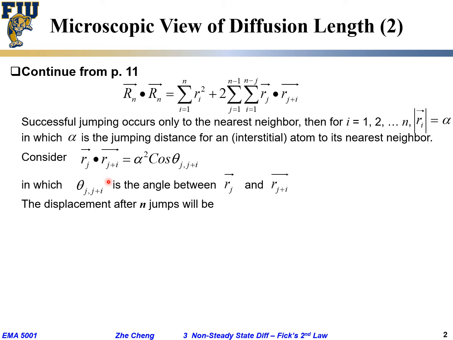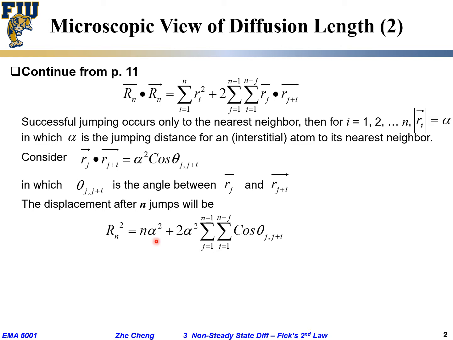So as a result, the displacement after n jumps would be: its dot product with itself would be Rn square, from vector to scalar square. For the same Rn, the first term is alpha square times n, right? Because from 1 all the way to n, it's the same.